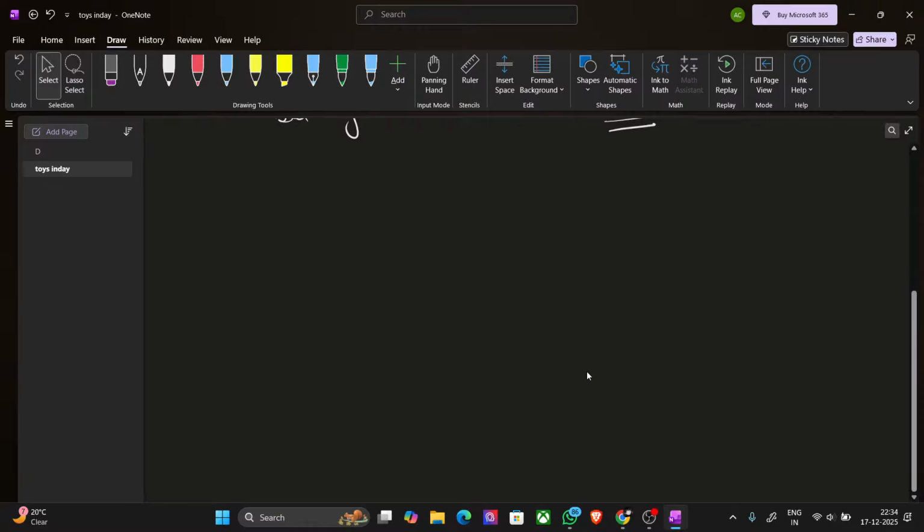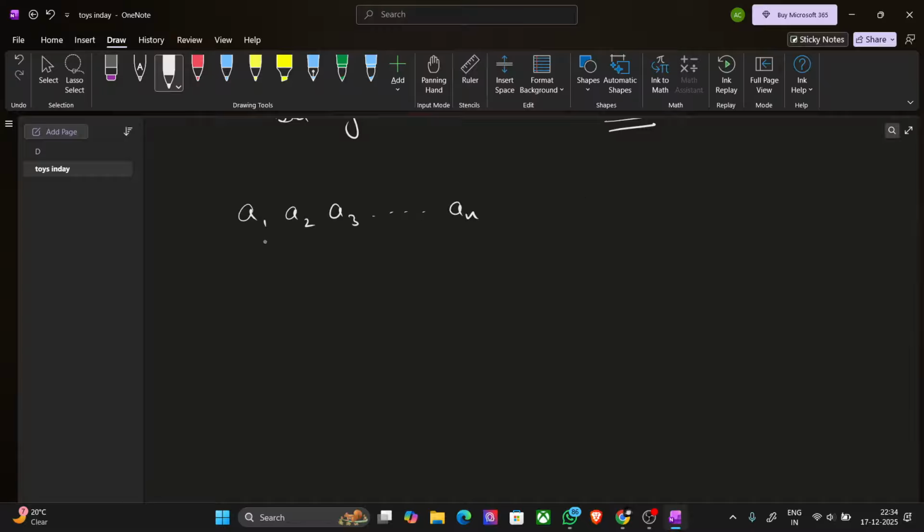So in this particular problem, we are given an array a1, a2, a3 up to an. We are also told that a good array is something whose sum is greater than or equal to 0, a non-negative sum. Now there might be multiple elements which are negative.